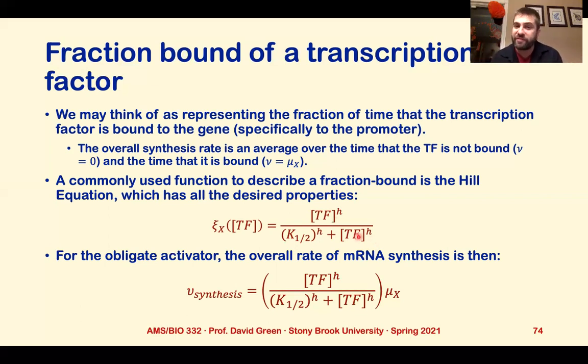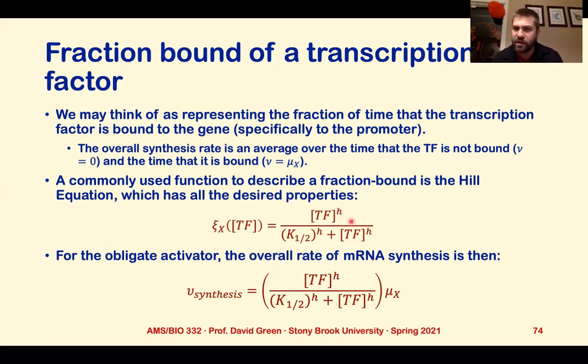When the transcription factor has high concentrations, in the denominator this term dominates. We can ignore the other term. We get a ratio of 1, so it goes to the right limit at high transcription factor level, and the behavior of it is reasonable.